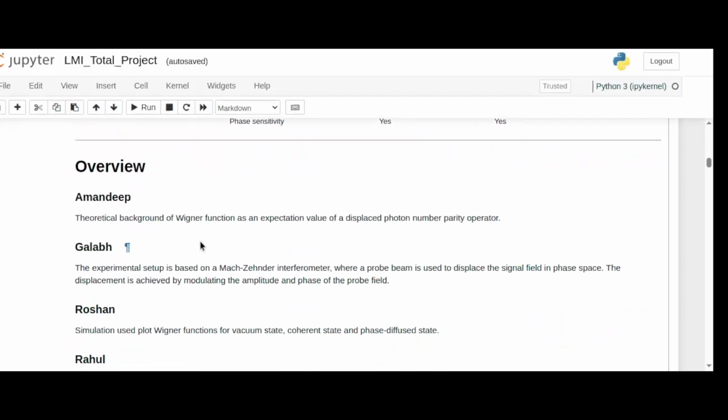After me, Mandeep will explain the theoretical background, for beginners, as an expectation value of this photon number parity operator. And after Mandeep, we go into the details and delve more into the main principle, the experimental apparatus, and how we are going to achieve the measurement of the Wigner function.